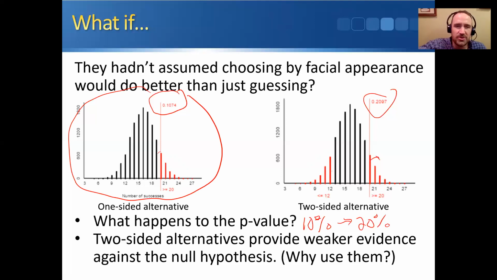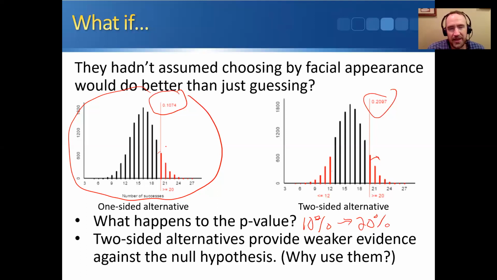So when the researchers set it up and they did a one-sided test, they said, we assume that looking at their faces and deciding if they look competent is going to help us guess more correctly. That's an assumption that they've embedded in here. It may be a good assumption. They may have some reason to think that. There may be logical reasons or prior research that suggests that, and that's okay to use a one-sided alternative when you have some good reasons to support that.